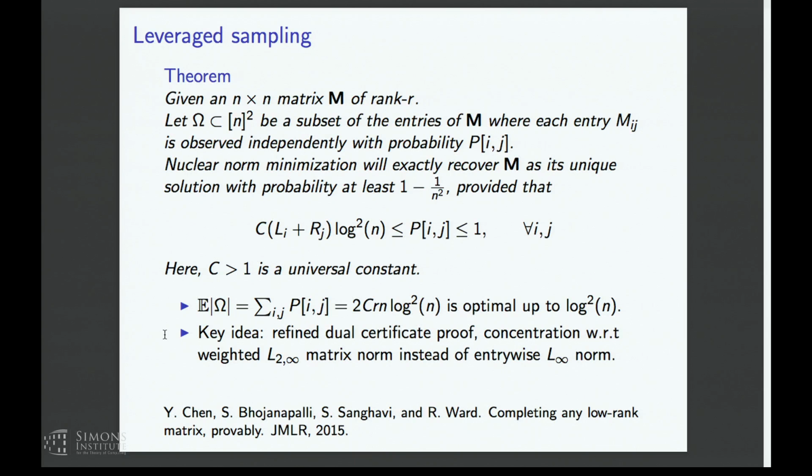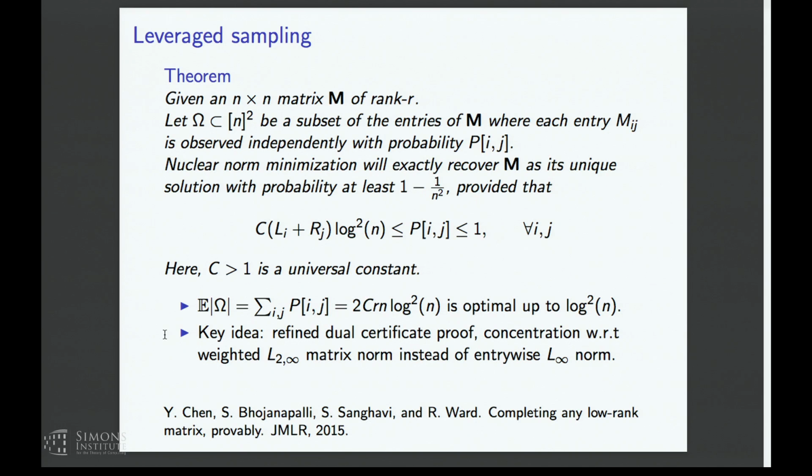Okay, so what we did is we generalized the matrix completion result. So we assume we have a low-rank matrix M, and an oracle has given us bounds on its leverage scores. So we know Li and Rj.